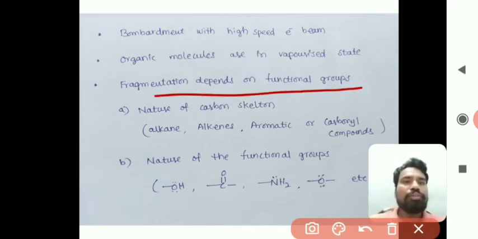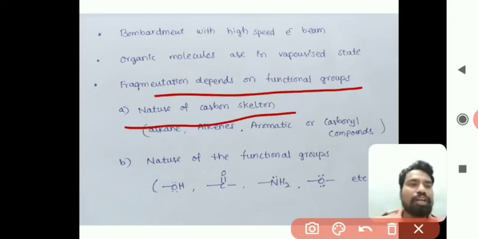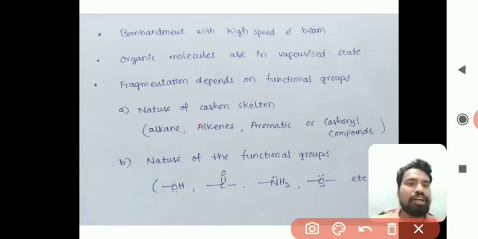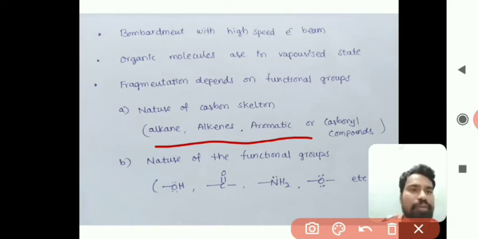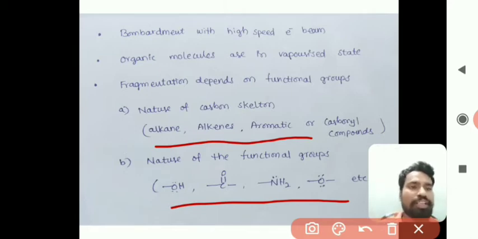The first thing is the nature of the carbon skeleton, that is whether it is alkane, alkene, aromatic compounds, carbonyl compounds or amines. The next thing is the nature of the functional group, whether it is alcohols, ketones, amines, ethers, aromatic compounds, or simple alkenes, alkynes. So the fragmentation process majorly depends upon two things: the nature of the carbon skeleton and the nature of the functional group.